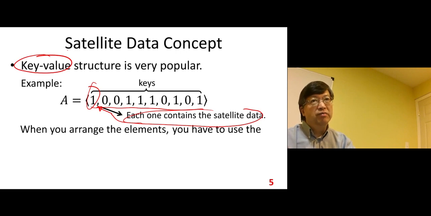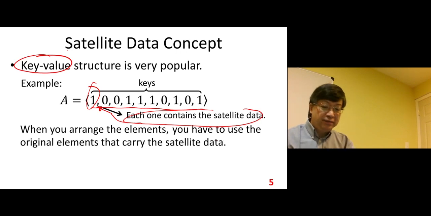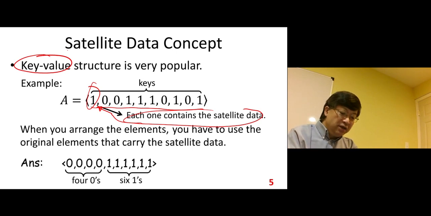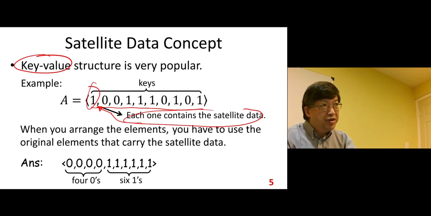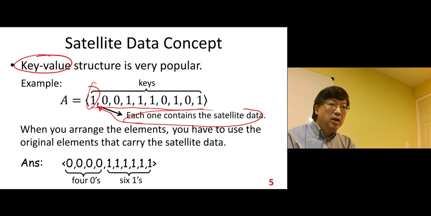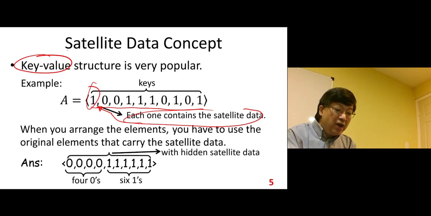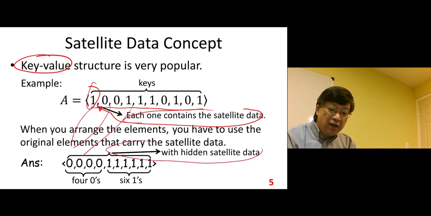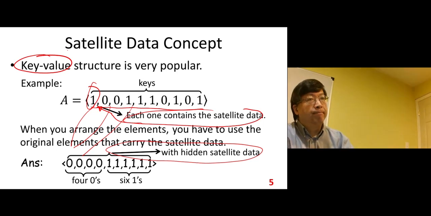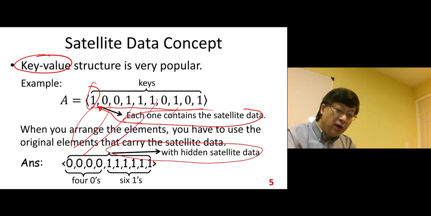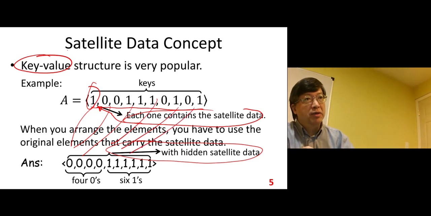So that's the background in many real-world problems. You have that situation. Under that situation, the answer here is you cannot simply pack several zeros and several ones, because you have to arrange the original elements containing the hidden satellite data. You have to make the arrangement from the original elements.